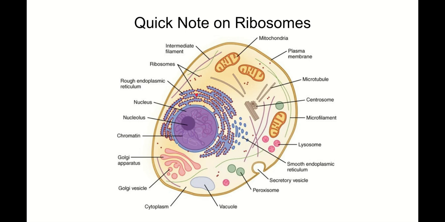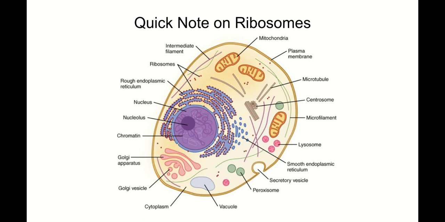Now, what is the function of free ribosomes? By free ribosomes, I mean the ones that are not attached to the rough ER, so these ones. Normally, any proteins that are made by free ribosomes operate in the cytoplasm. We're going to talk in Unit 3 about a bunch of different reactions that happen inside of a cell, and a lot of them happen in the cytoplasm.